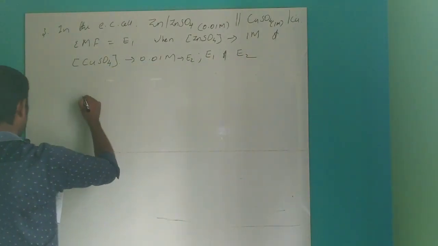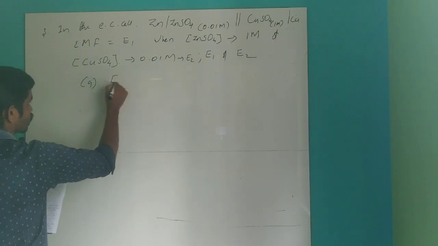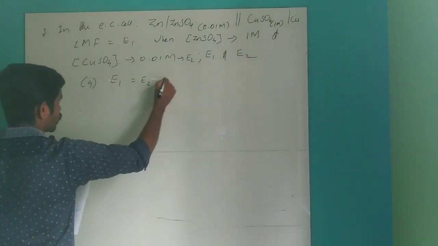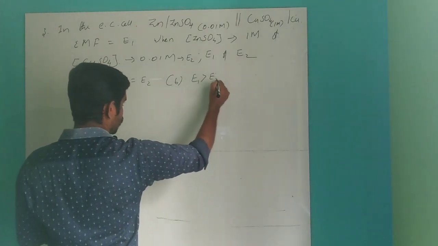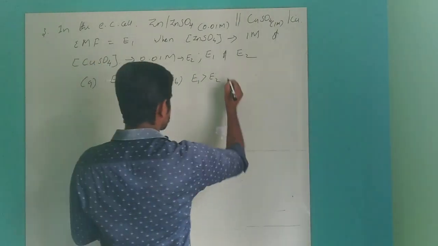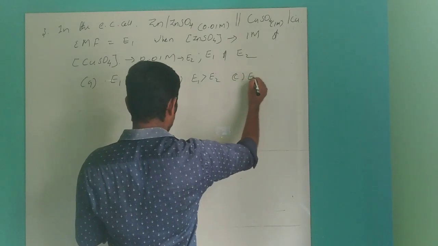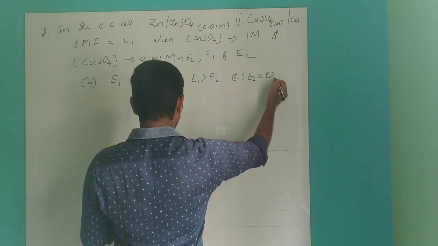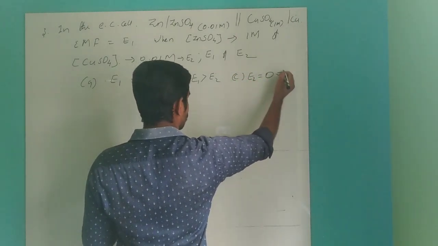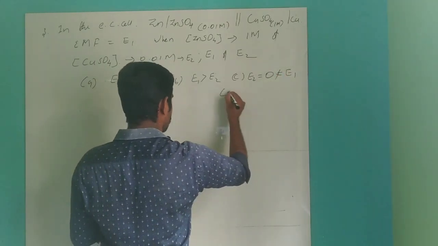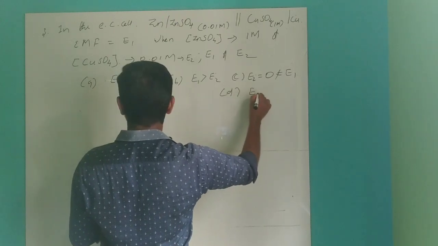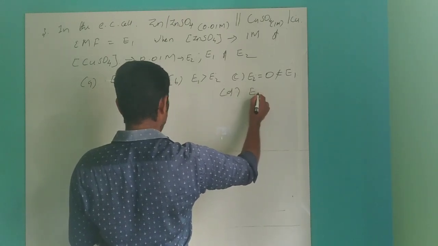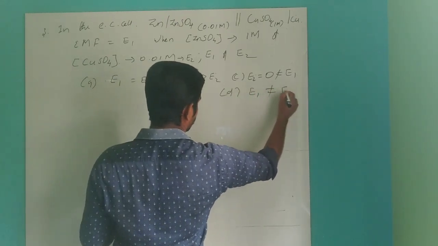Option A, E1 is equal to E2. Option B, E1 is higher than E2. Option C, E2 is equal to 0, not equal to E1, and option D, E1 is not equal to E2.